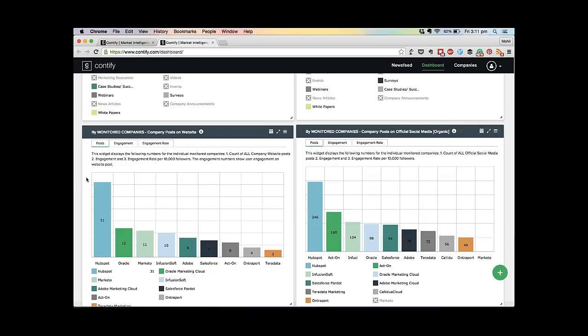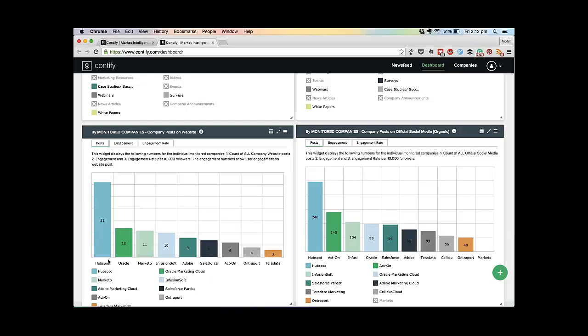This chart shows that HubSpot has produced 31 pieces of information in the last 1 week as compared to Oracle, Marketo, Infusionsoft, Adobe, Salesforce. So HubSpot is producing the maximum amount of content.